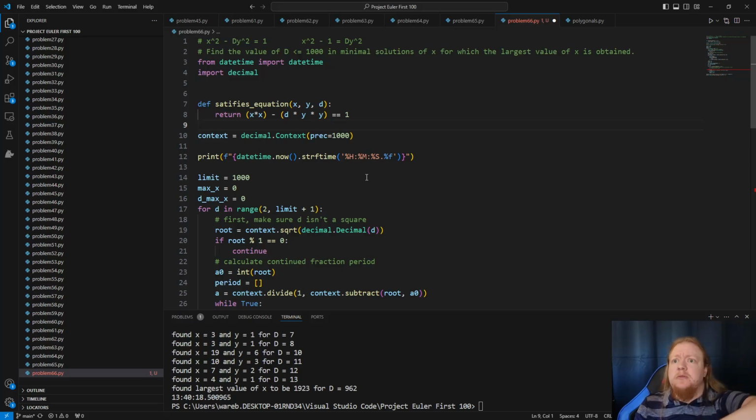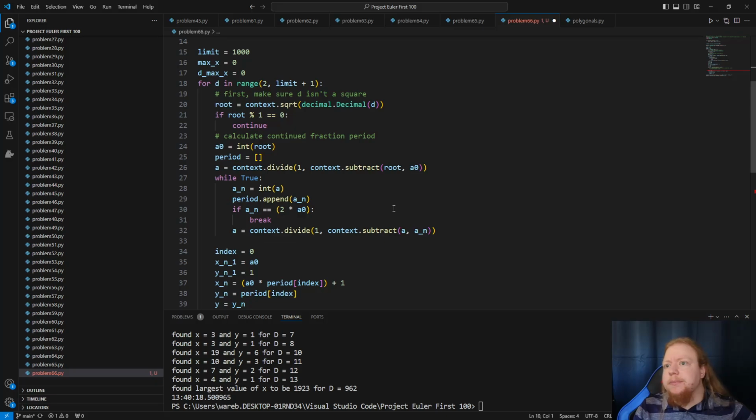Looks simple enough. Will it work? Let's find out.